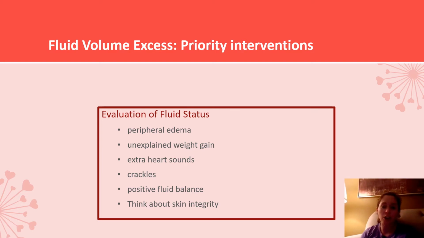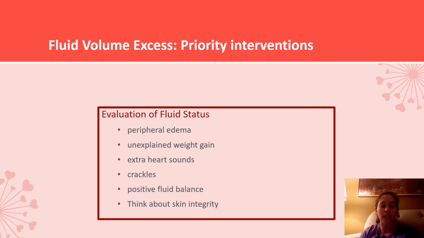Again, we might have extra heart sounds related to the extra fluid on their body and on their heart. We might have adventitious breath sounds. We might have lung infections starting to occur. And with fluid volume excess, we are at risk for skin integrity issues. And we're also at risk for potential acid-base imbalances.